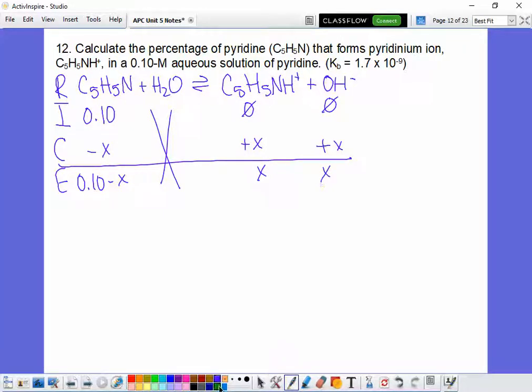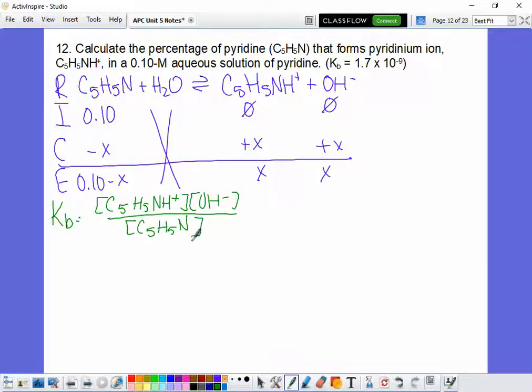Okay, so we're going to write the Kb expression: C5H5NH plus times OH minus over C5H5N. Okay, so can we omit that minus X?